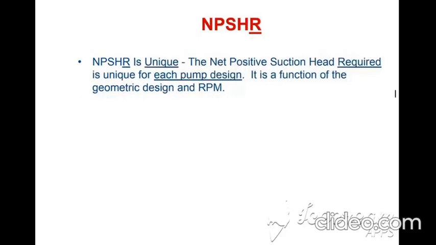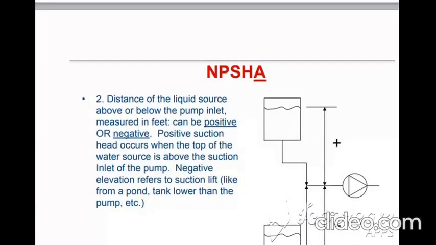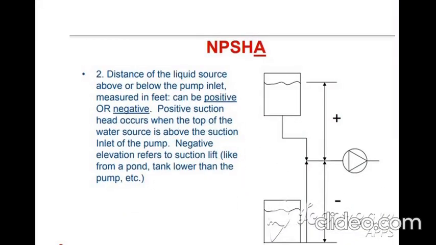Net positive suction head required is unique for each pump, which means that for each pump the value of required head will be different, and that will depend on the geometric design and RPM of the pump. The next is net positive suction head available.